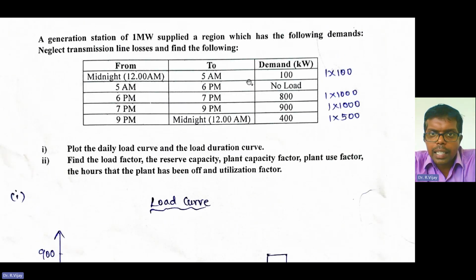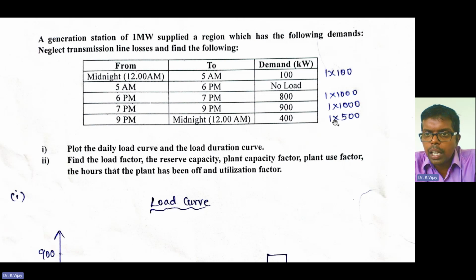For generating 100 kilowatt, 1 into 100 kilowatt generator. For no load, no generator is needed. For generating 800 kilowatt, 1 into 1000 kilowatt generator. For generating 900 kilowatt, again 1 into 1000 kilowatt generator.